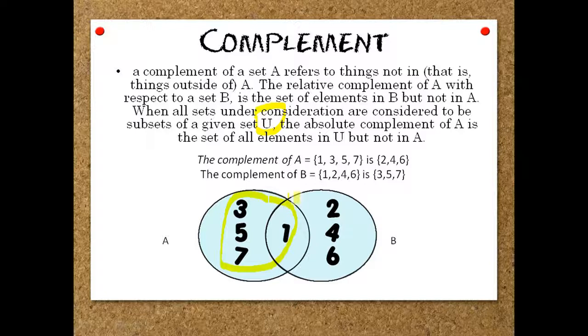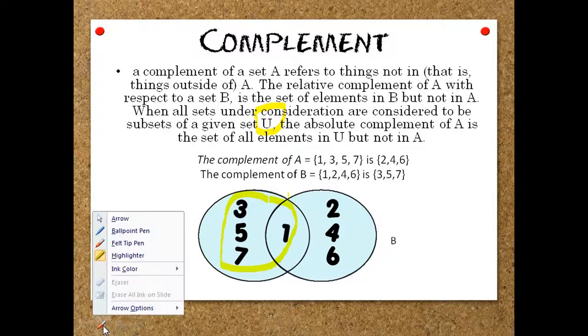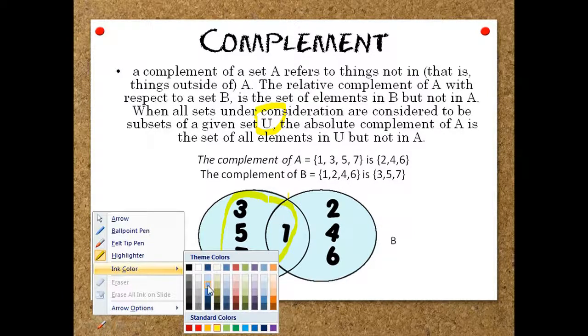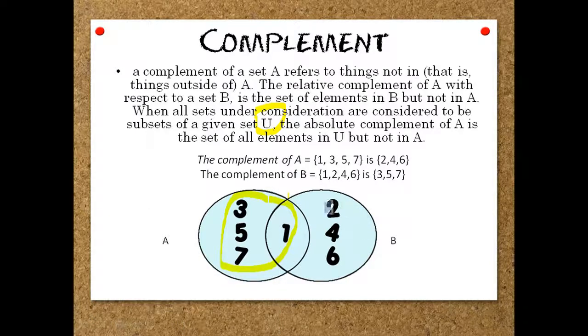And the same with the complement of B. The complement of B, which has elements 1, 2, 4, 6, is 3, 5, 7, which means we're not going to pick these ones. We're just going to answer 3, 5, 7.